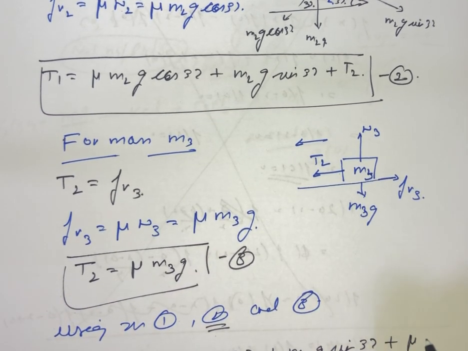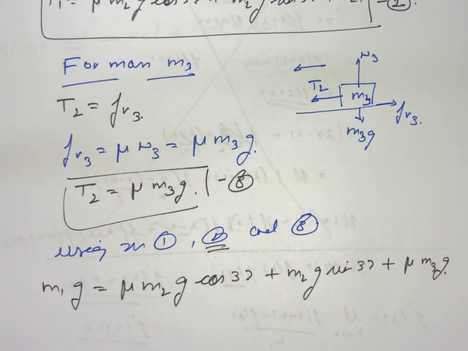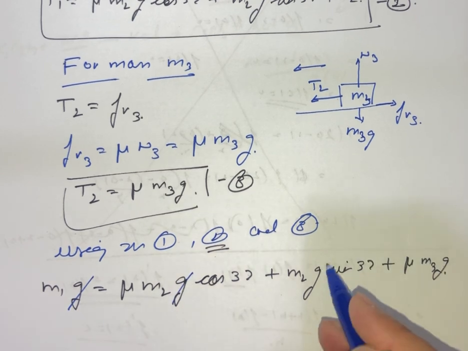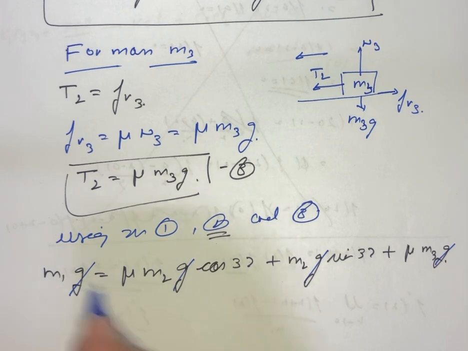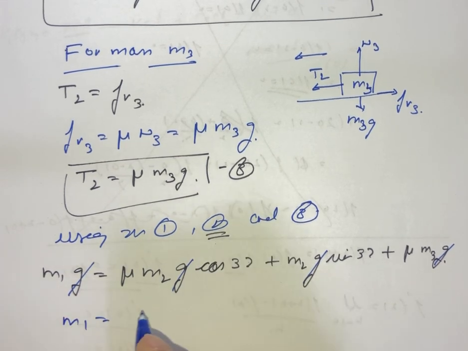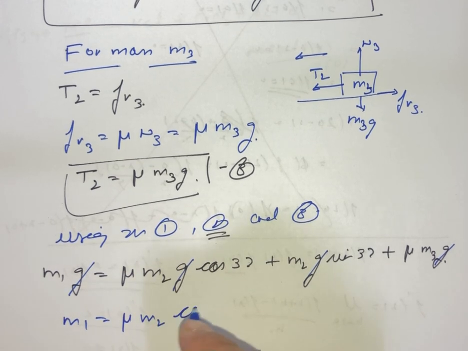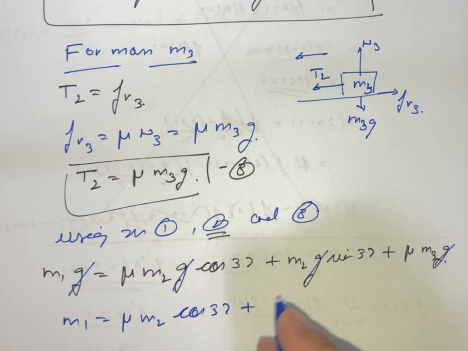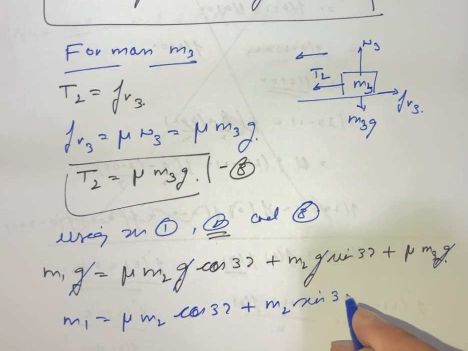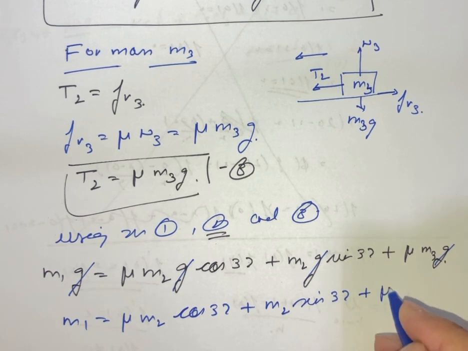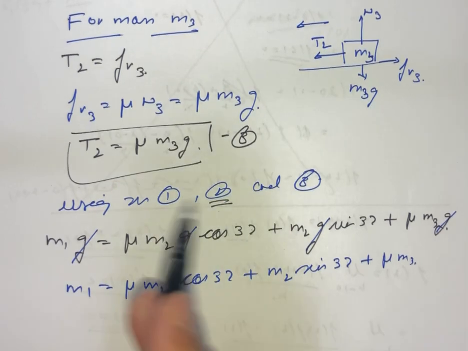T2 is mu m3g, and here g cancels out throughout. So we can say that our m1 is equal to mu m2 cos of 37 plus m2 sine of 37 plus mu m3. Now we simply substitute the values.